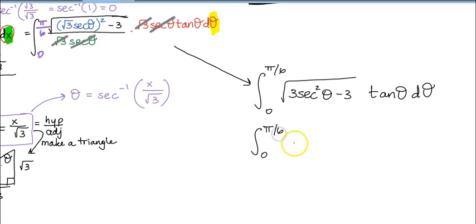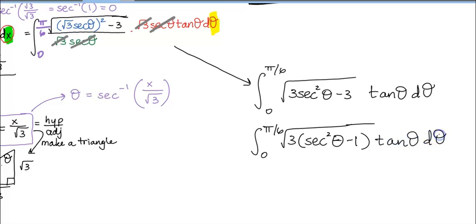We can factor out a 3 under that square root to be left with secant squared theta minus 1. I can use a Pythagorean identity on the secant squared theta minus 1 because secant squared minus 1 is tangent squared. So under the square root, we have 3 multiplied by tan squared theta.